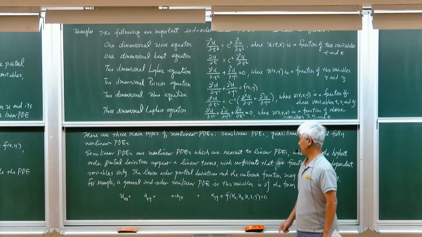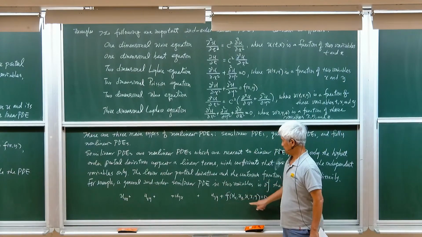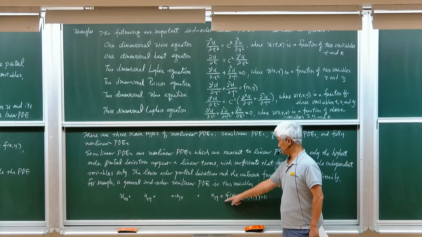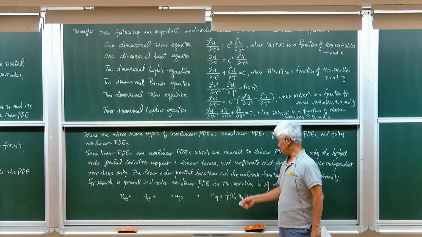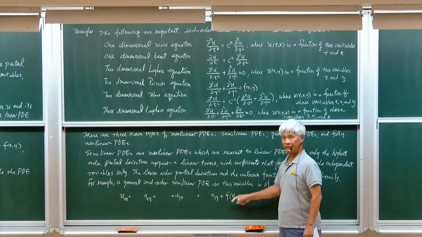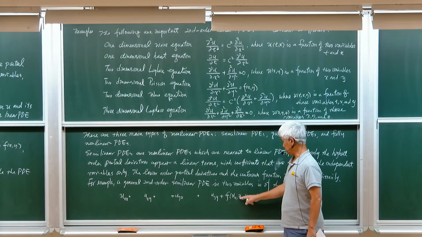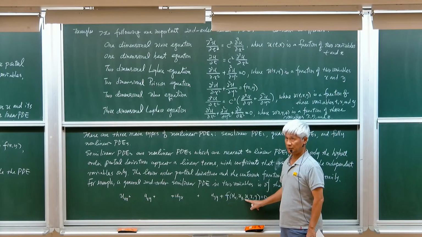So u_x, u_y, and u, so this is a function of five variables, including the two independent variables. So u is not independent, because u depends on x, y.